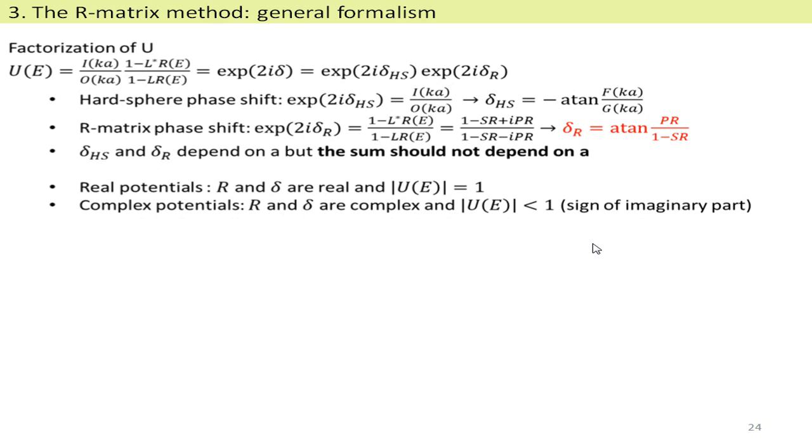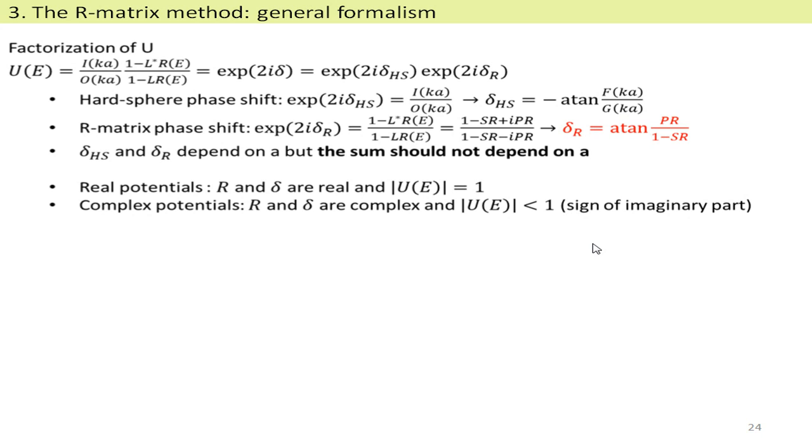And the other contribution comes from this part. And as you can see, these are also two complex conjugate numbers because the R matrix is real if the potential is real. So the modulus of this term is 1, as you expect for a scattering matrix. And this provides you with the R matrix phase shift. So this is this term. And if you replace L by S plus iP, then you get this expression. And you can easily determine the R matrix phase shift.